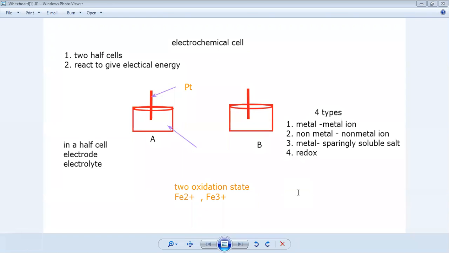Yes, sir. So these are the four types of electrodes, which are also called ion specific electrodes.